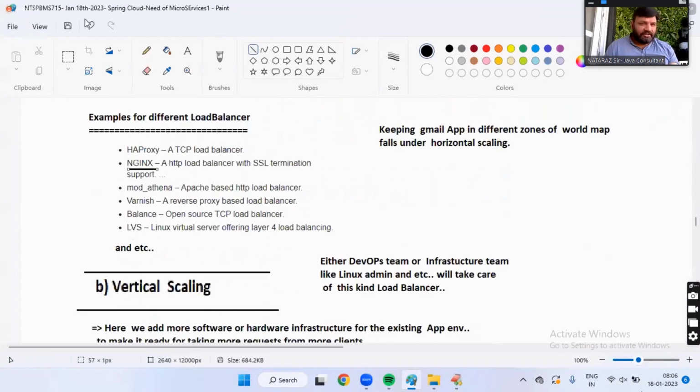Either the DevOps team or the infrastructure team, like a Linux admin, will take care of this kind of load balancer, because these are related to the server environment. As a developer, you need not worry about these load balancers. These load balancers will be taken care of by whom, guys?